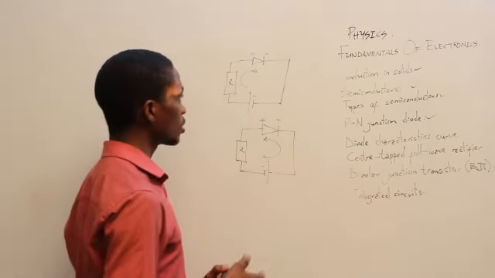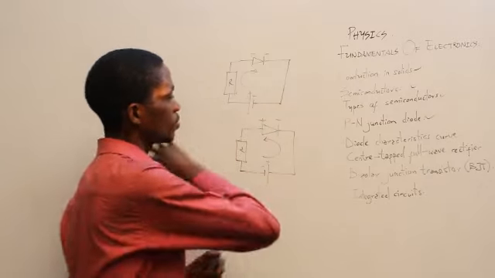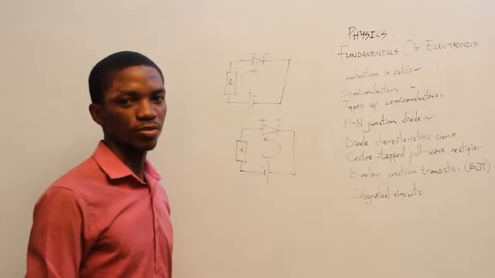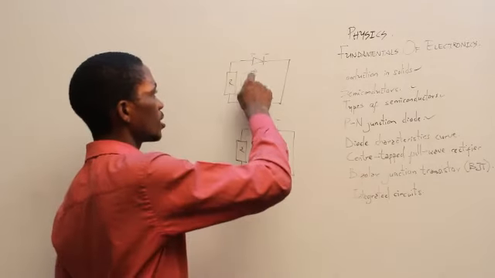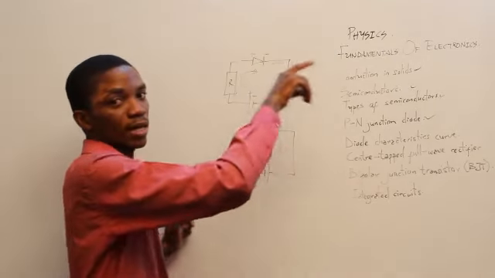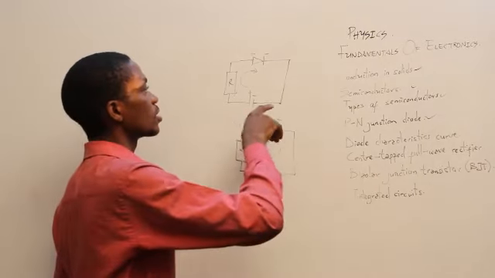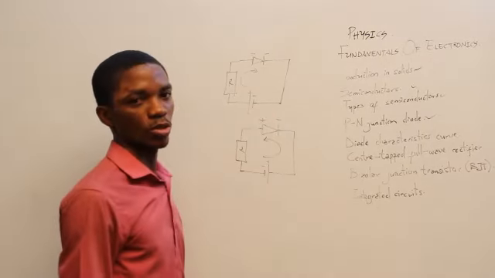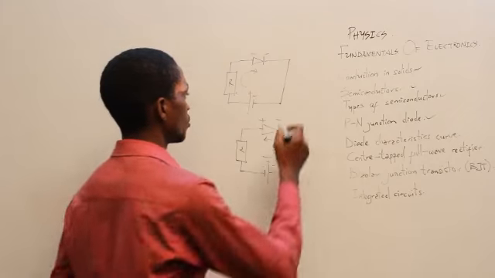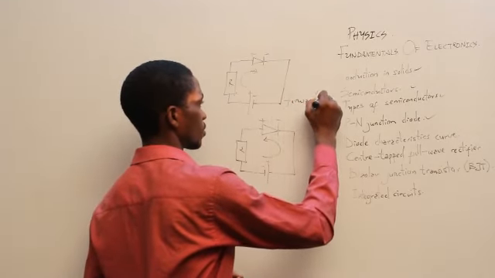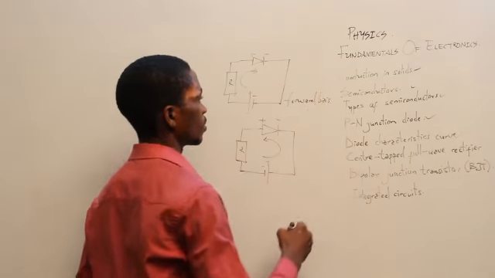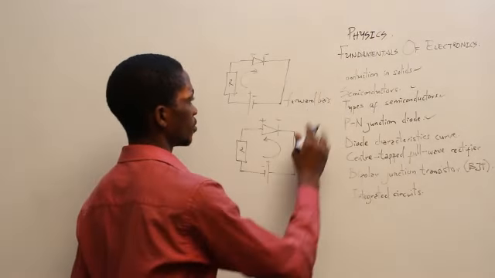But if it is not, it will simply block it off. It will cut it off. If it is a forward biased diode, it will allow this particular one to enter and to exit. If it is not, it will simply cut it off. So this is our forward biased system.